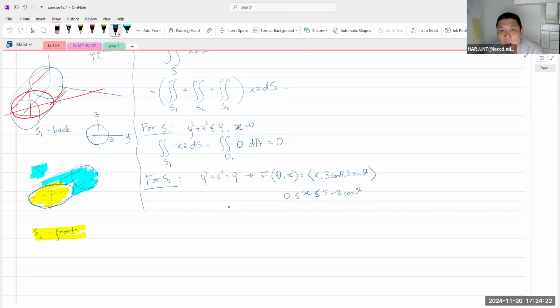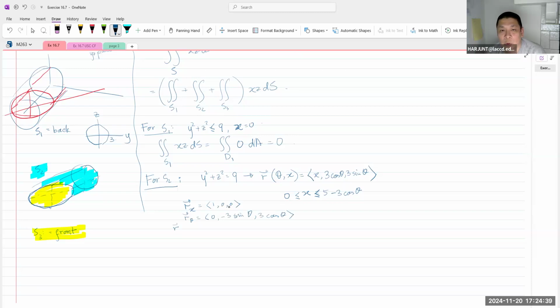Okay, so how do we do this then? r sub x is 1, 0, 0. r sub theta will be 0, negative 3 sine theta, 3 cosine theta.